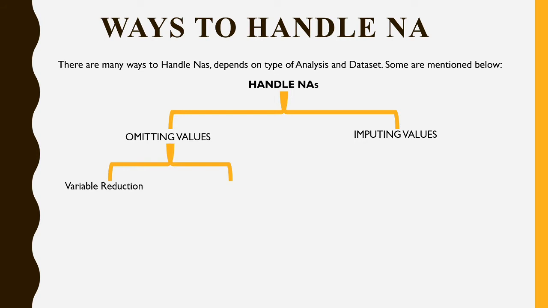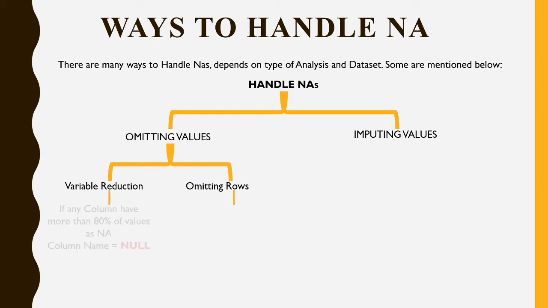The first method of omitting data is called variable reduction, which means for a data set which has a large number of NA values in a particular column, we have to remove that column from the data set. The other method is omitting rows, which means if in a particular row there are many NA values across the columns, then we will be removing that row, not the columns.